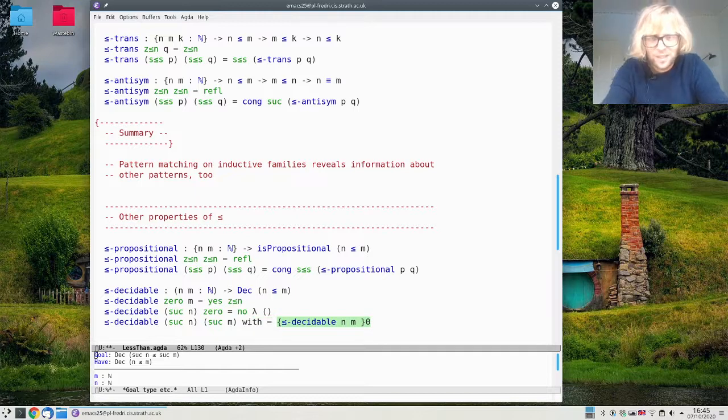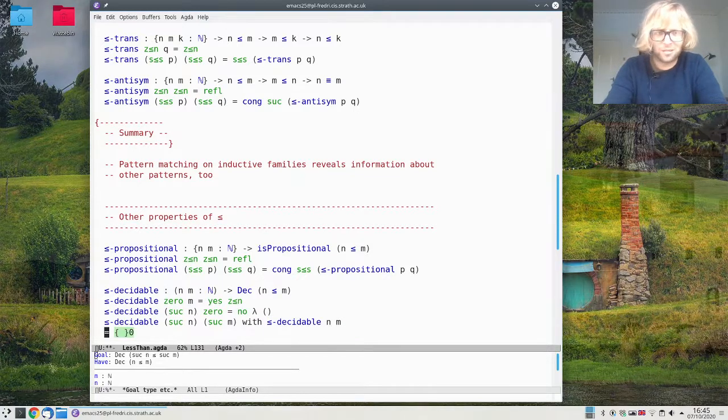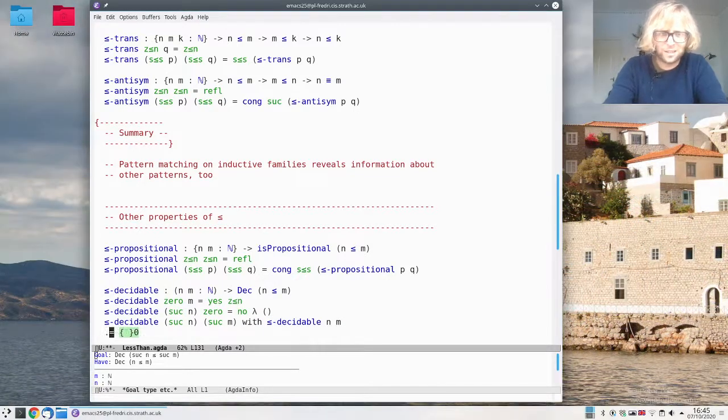So I write with, I write the expression I want to look at, which in this case is a recursive call. I go to the next line, I write dot dot dot, I write a vertical bar, and I write something which I'm going to pattern match in a second. So I'm just going to call it xx.